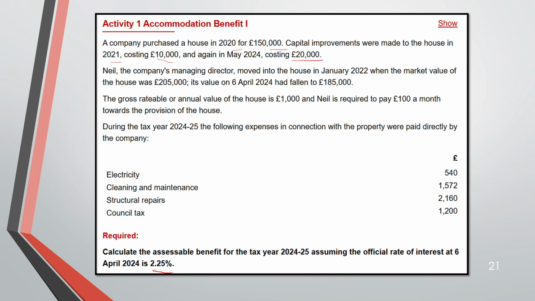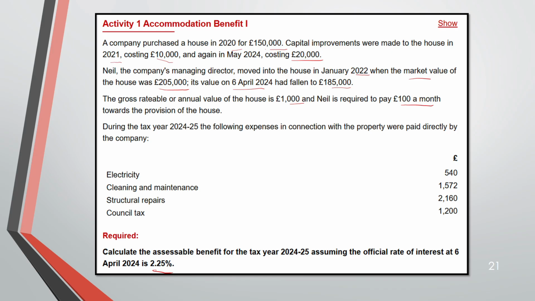They moved into the house in Jan 2022 when the market value was 205,000. Its value on 6th April 2024 had fallen to 185,000. The gross rateable annual value is 1,000 and the employee is to pay 100 a month towards the provision of the house. You have also been given some expenses: electricity, cleaning, structural repairs and council tax.